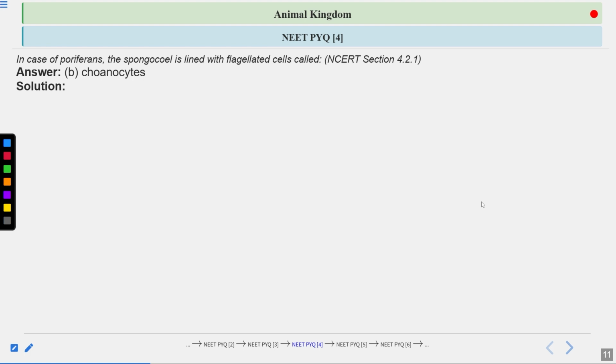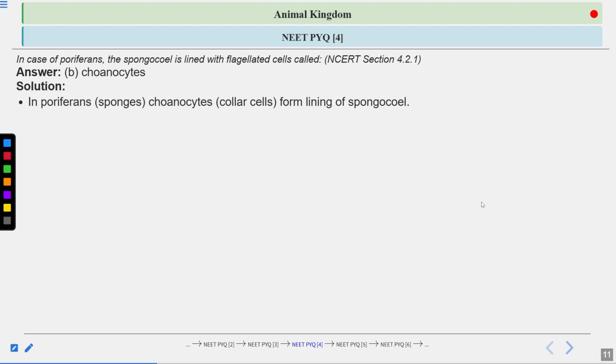Yes, and that is also called collar cells. Commonly, these choanocytes are called collar cells, right? So in poriferans, sponges, choanocytes, collar cells form the lining of the spongocoel.